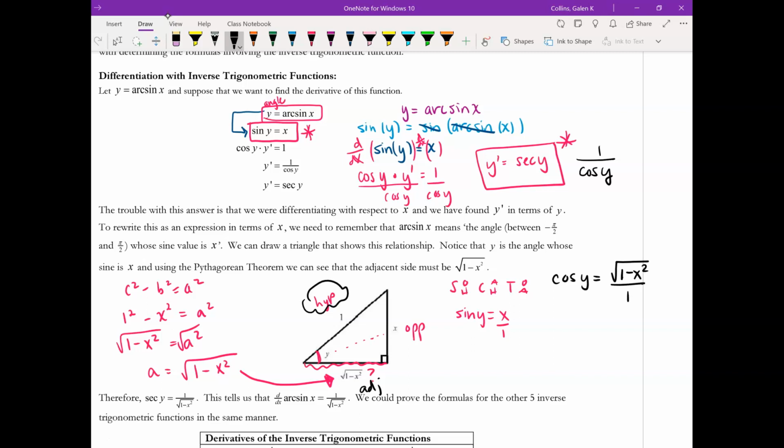And since the secant of y is the multiplicative reciprocal of the cosine of y, that means the secant of y is 1 over the square root of 1 minus x squared. Therefore, the derivative of the arc sine of x is 1 over the square root of 1 minus x squared.